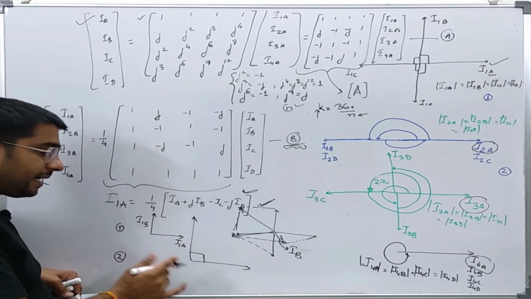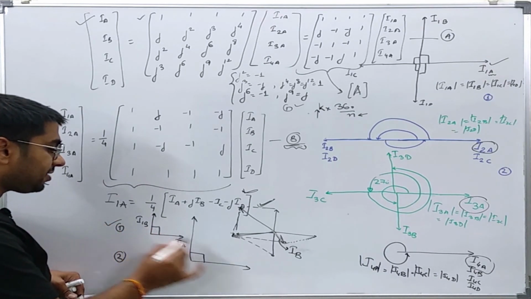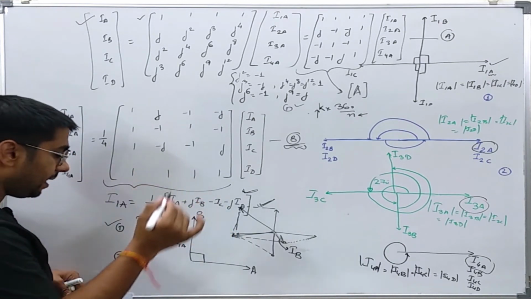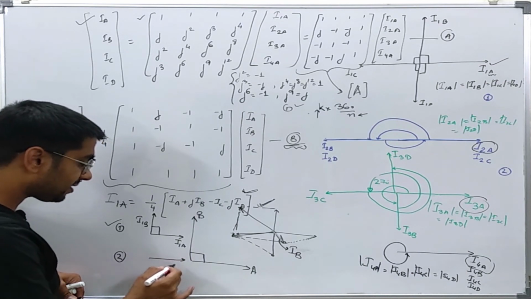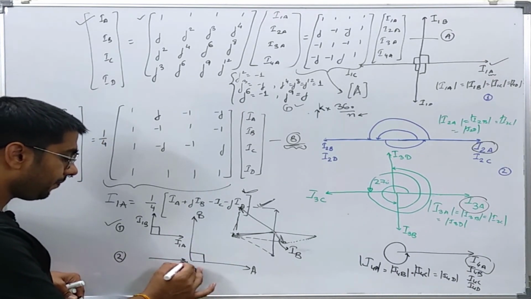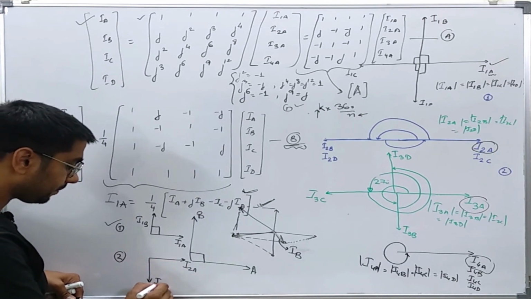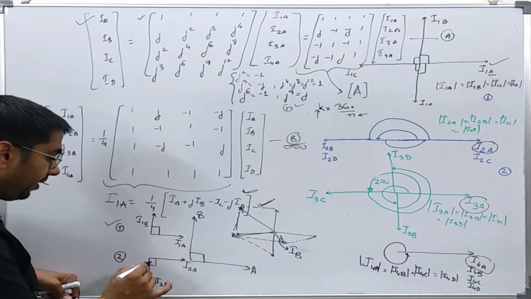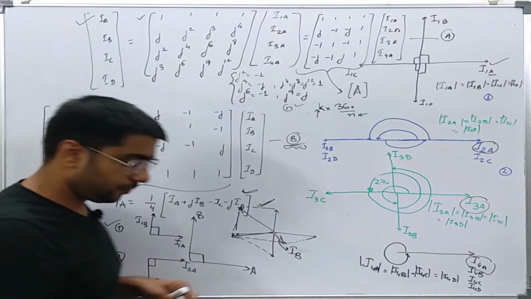Now the phase sequence in the first set will be the same as that in the given phasors. However, the second set will have the phase sequence opposite to that of set 1. If it is I2a, then I2b will be in the opposite sequence. So in this way we can define the symmetrical components of a two-phase system also.